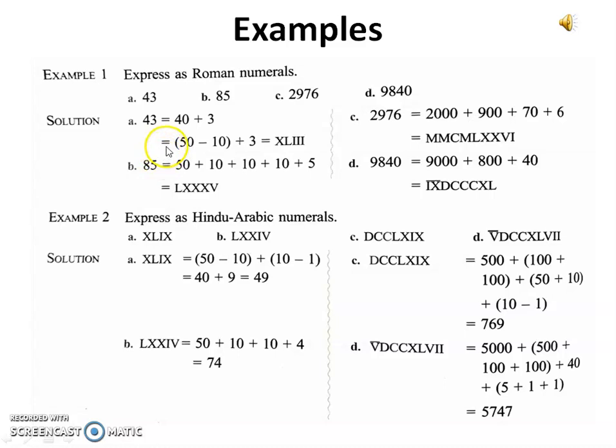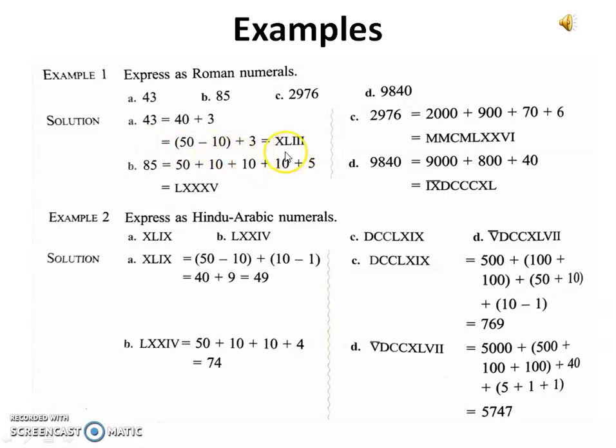Then we will express this 40 as 50 minus 10. So 50 minus 10 plus 3. Now, as we know the rule for subtraction, if the smaller value is written on the left of the greater value, then the rule applies that you have to subtract those two values.